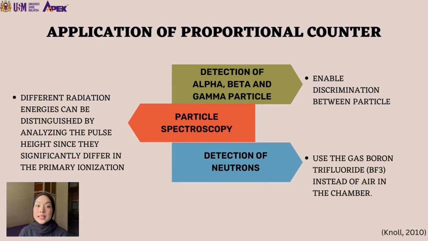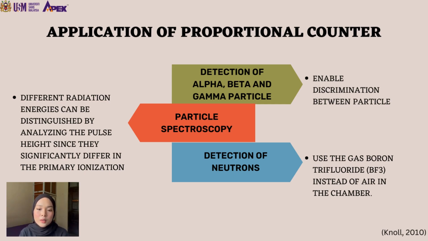Proportional counter is the detection and measurement of ionizing radiation through the use of an electric field. It utilizes the phenomenon of gas multiplication to increase the pulse size by factors of hundreds and thousands. For detection of alpha, beta and gamma, proportional counter enables discrimination between them by providing a pulse output proportional to each particle's energy deposited in the chamber.